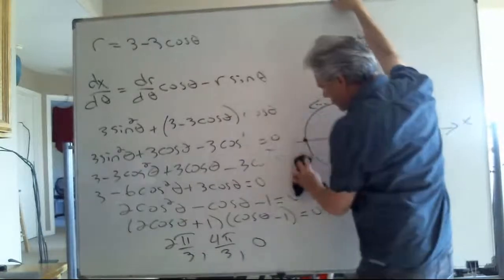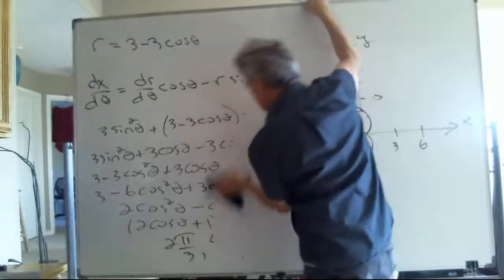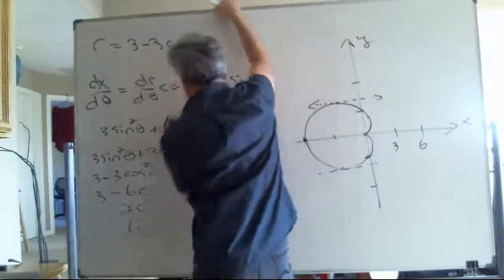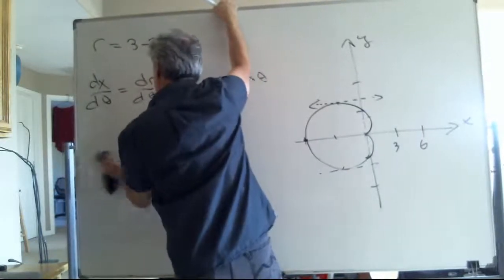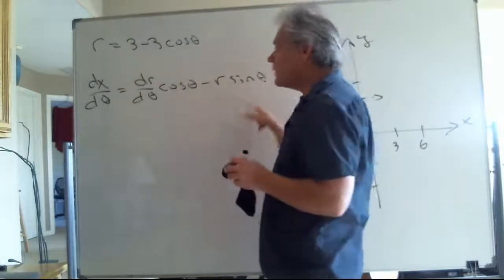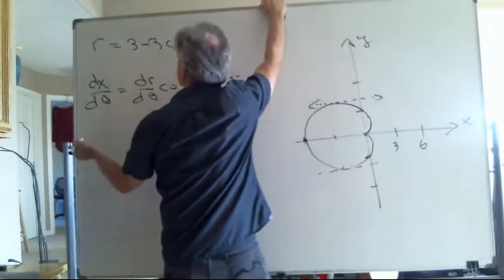All right, let me contain this board a little bit. So substituting everything in and then setting this equal to 0, we'll solve for theta. So dr d theta is this.